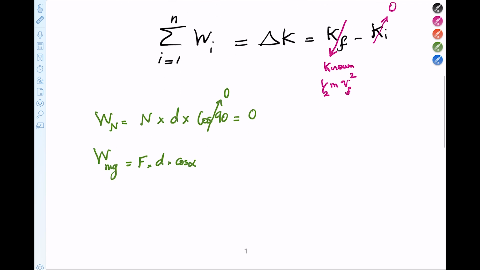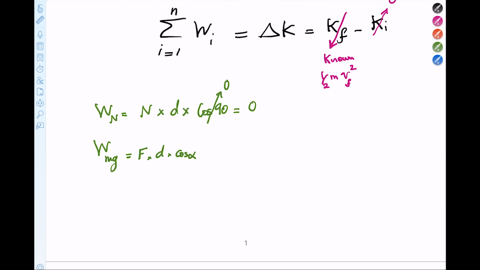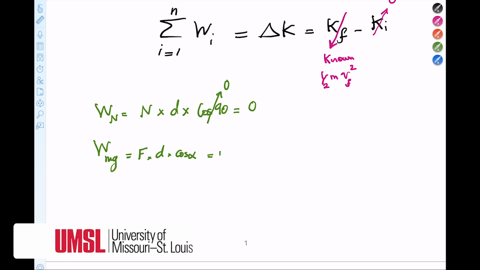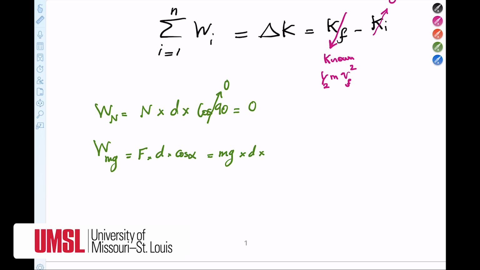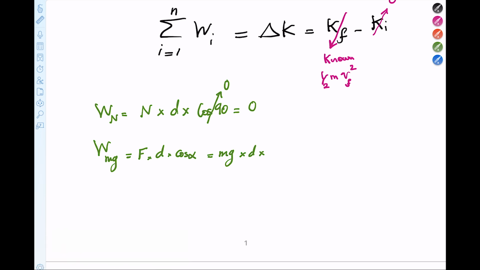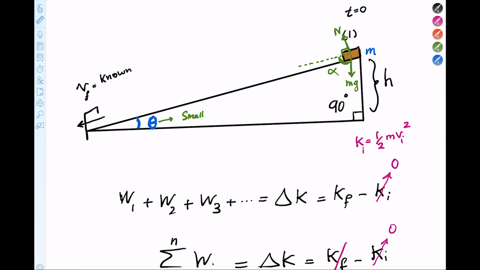So here, F d cosine theta: work done by the mg force, which is mg, times displacement, times the cosine of the angle between force and displacement. This angle, which we call alpha.